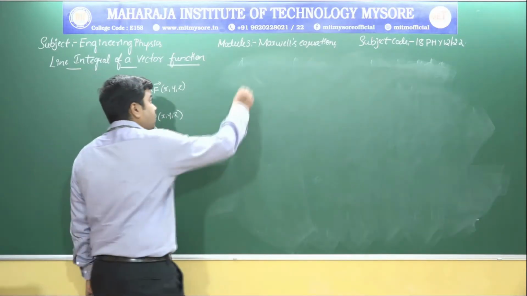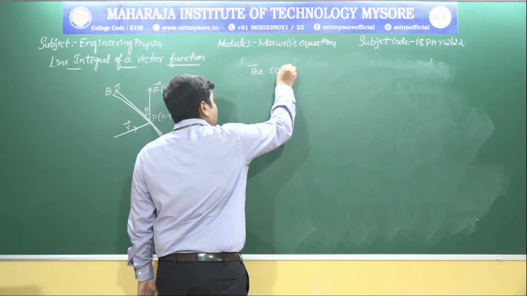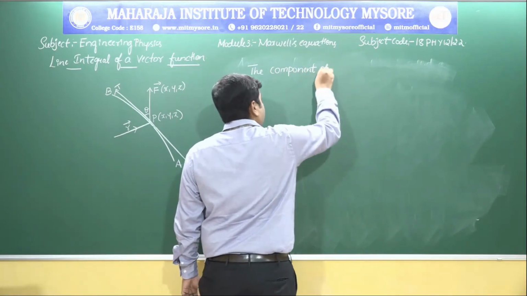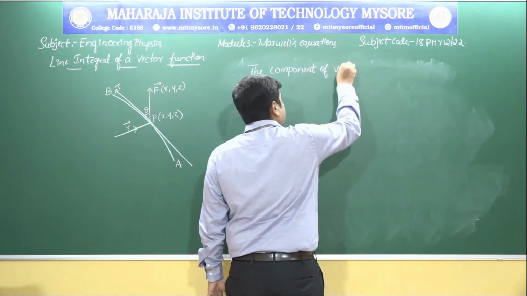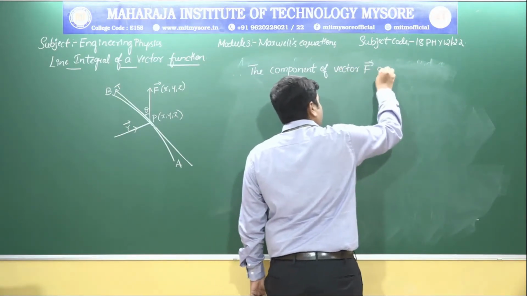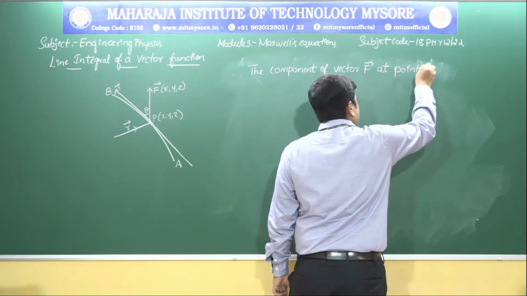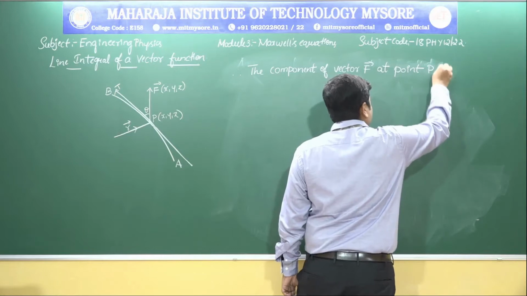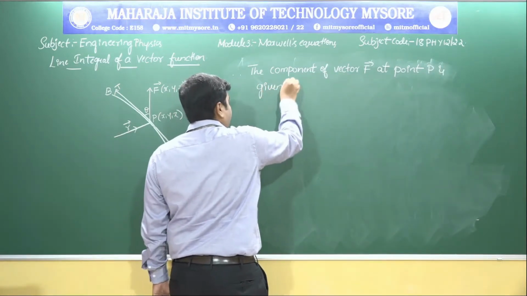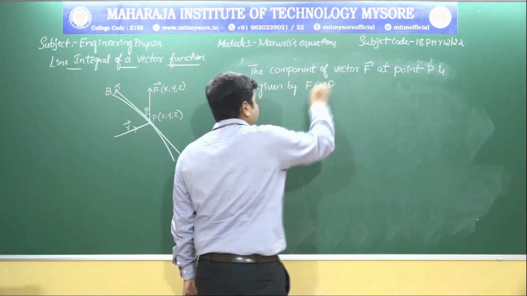Therefore, the component of vector f at point P is given by f cos theta.